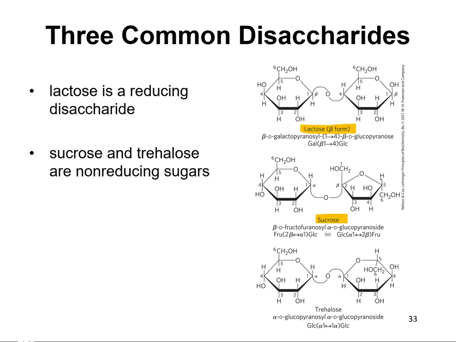But when you look at sucrose, you should be able to convince yourself that it is a non-reducing sugar. And with lactose, you should be able to see that it is a reducing sugar. So be able to identify the reducing end here. I'm going to leave that for you to do so that if you don't understand, you can ask in class.